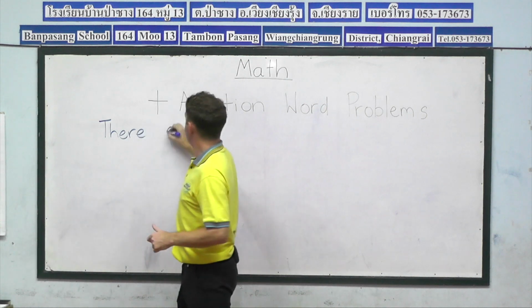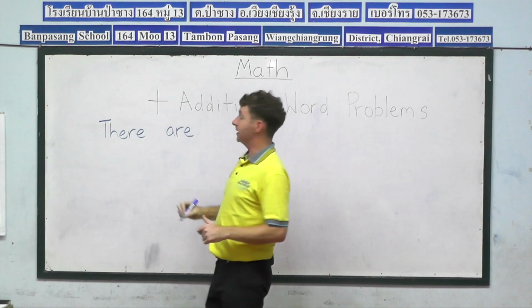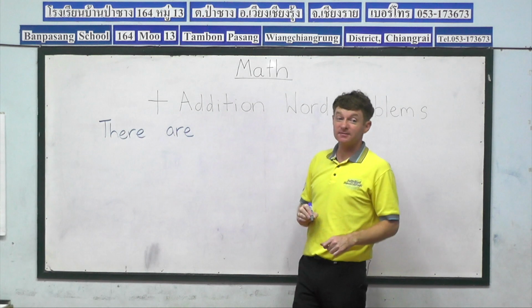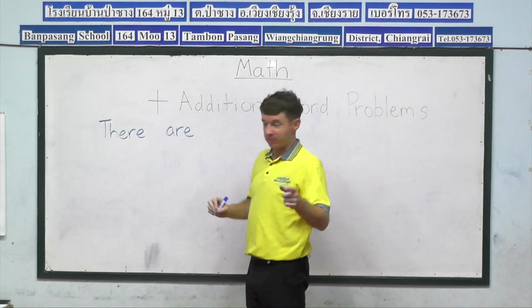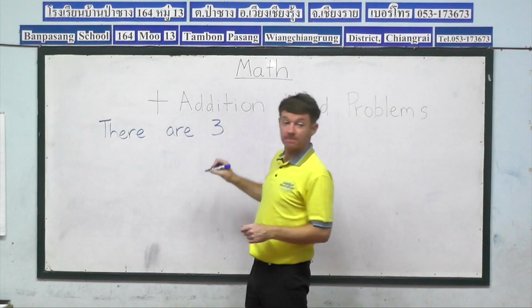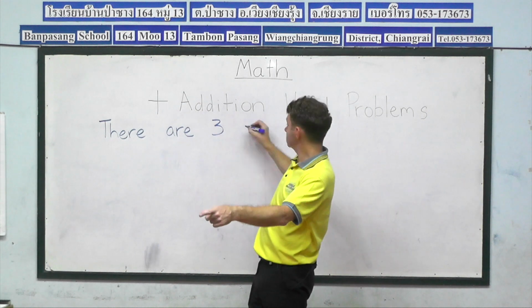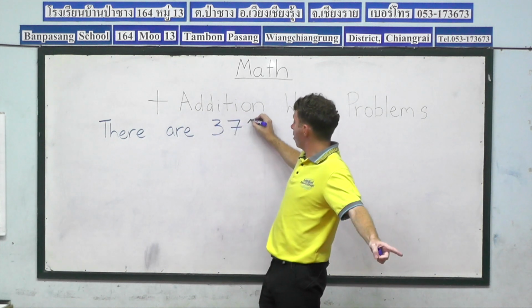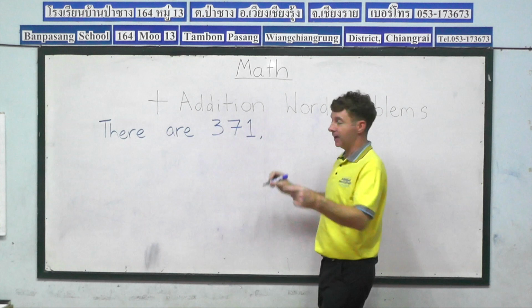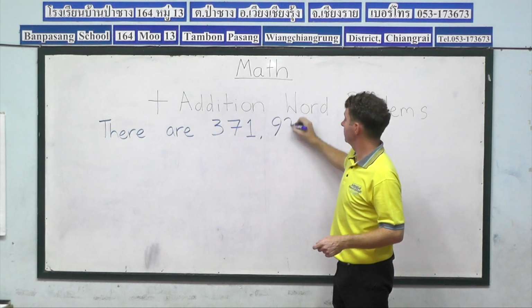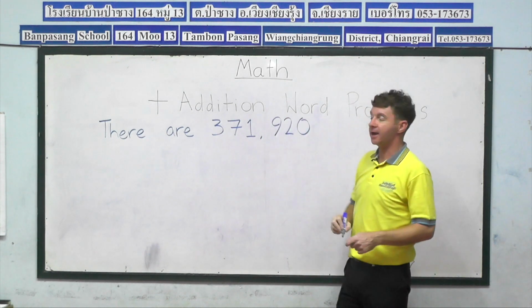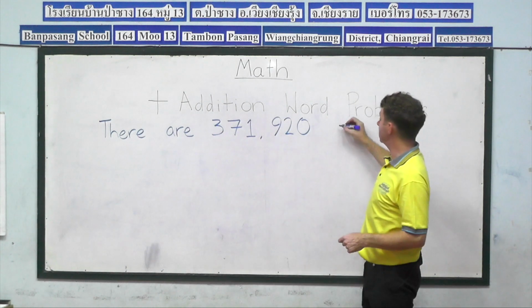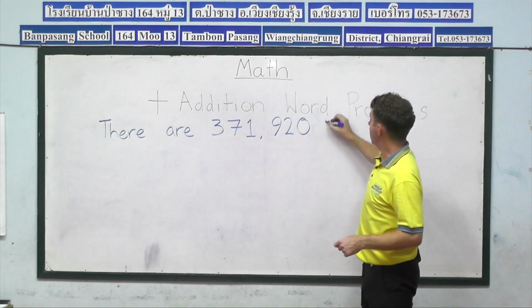There are, and now some numbers first, guys. 3, 7, 1, 9, 2, 0. Okay. And then lilies.